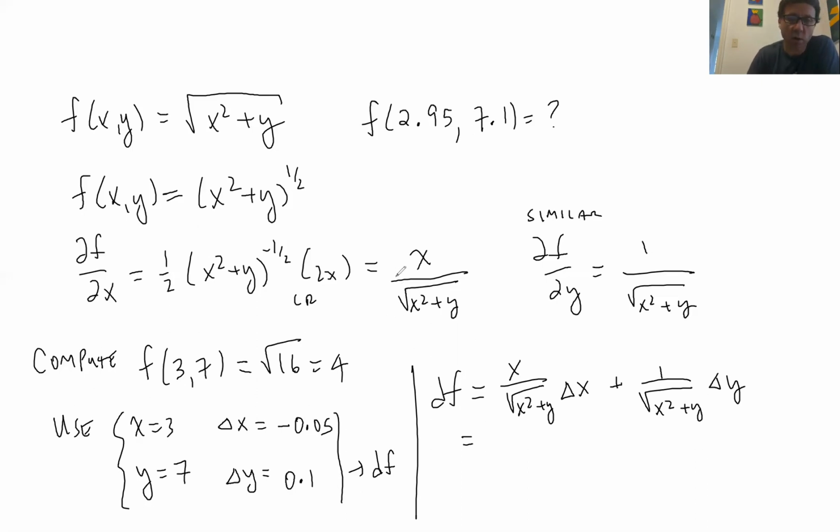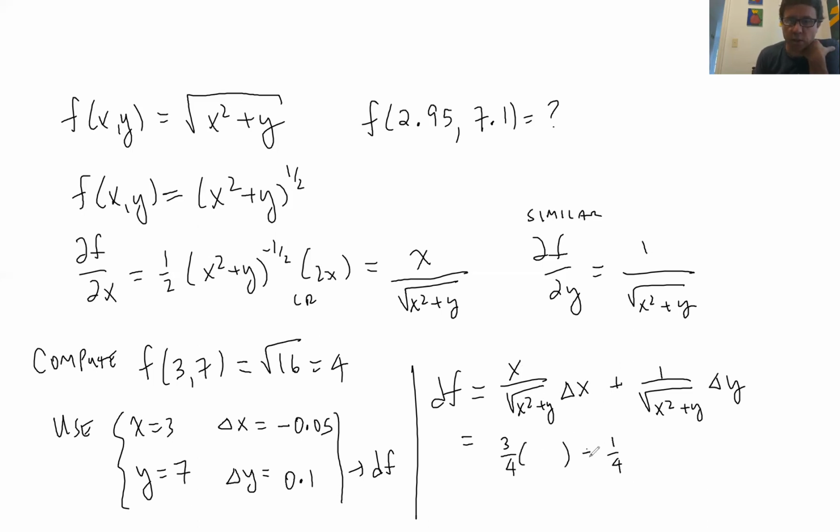How close to 4? Well, df tells me how far off from 4 I am. If I plug x equals 3 and y equals 7 into this, the first term will be 3/4 and the second will be 1/4, because I'll get the square root of 16 in the denominator, and the top would be 3 and 1.